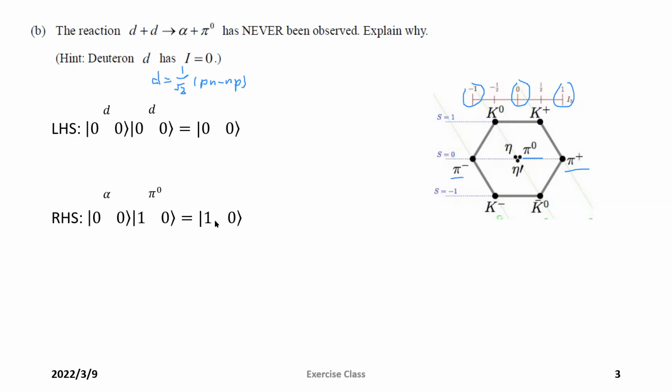Here we can see that I changes from 0 to 1, so this process does not conserve isospin. That's why we haven't observed this process. So that's the explanation for part B.